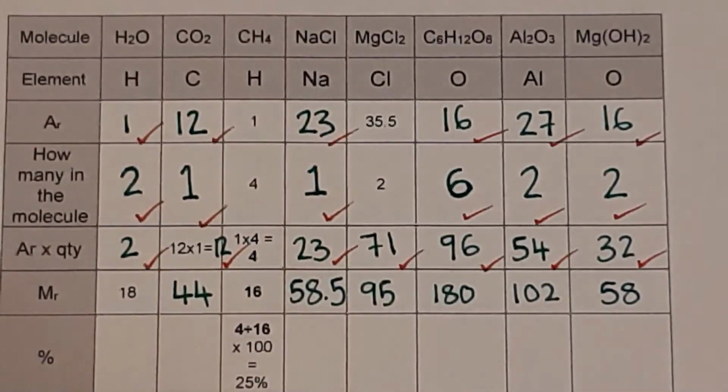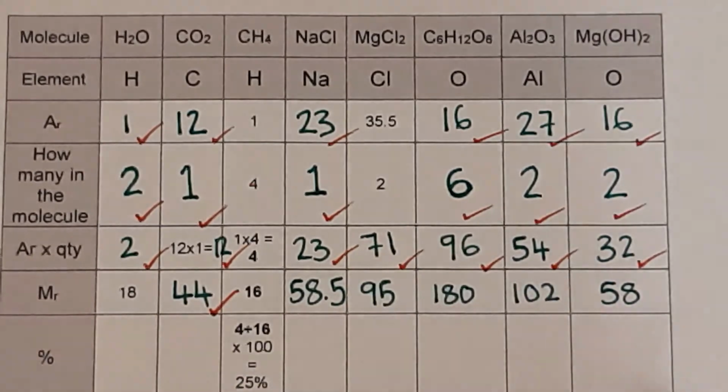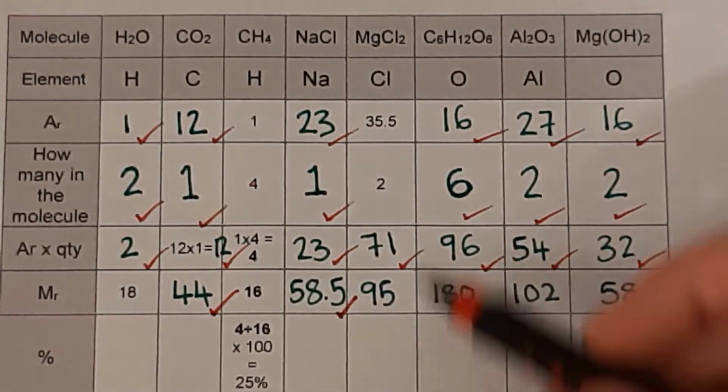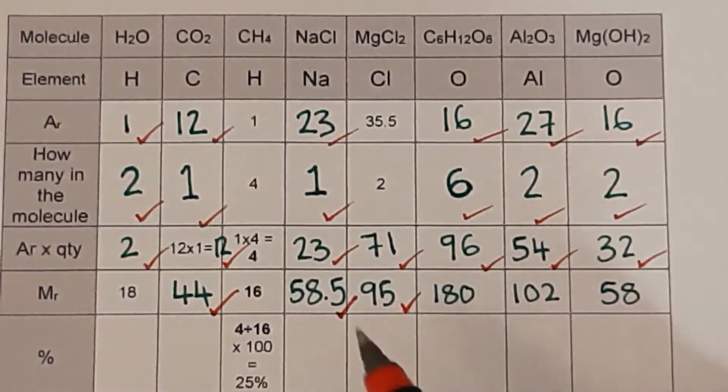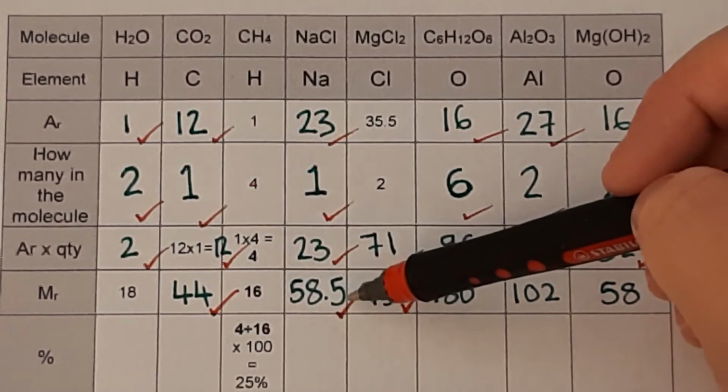Okay, so we're going to go through those now. For carbon dioxide it was 44. For sodium chloride it's 58.5. Chlorine was 95, and again we're just adding up the numbers, so 23 plus 35.5 is 58.5.